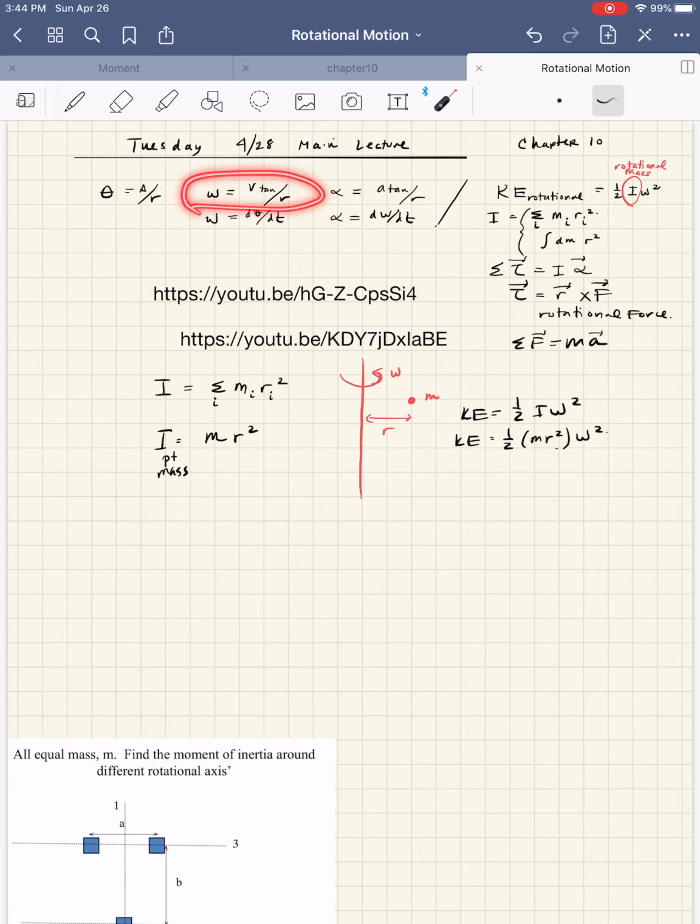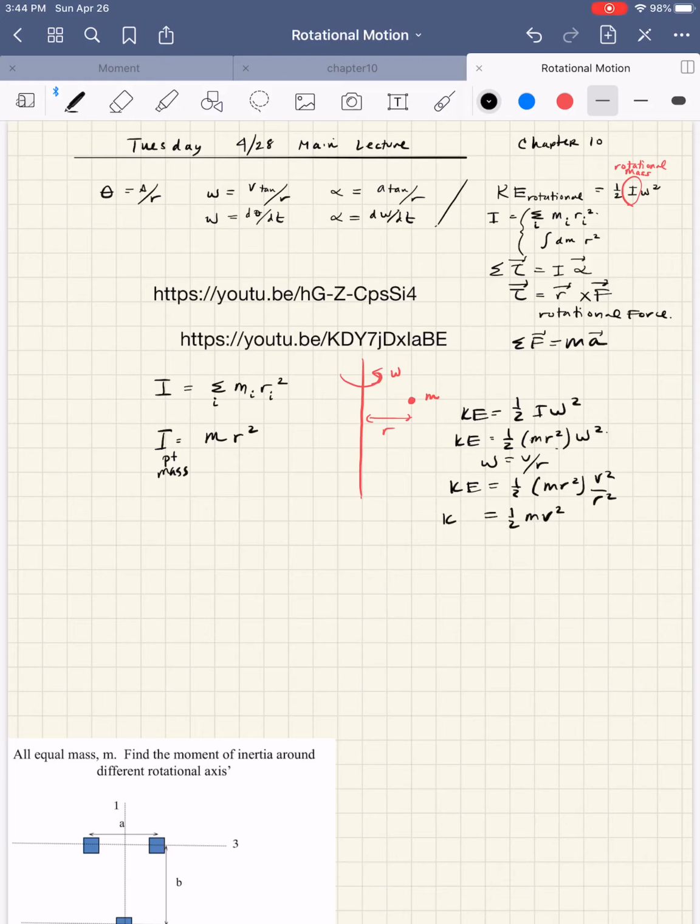If I use omega is v over r, then rotational kinetic energy is 1/2 mr squared times v squared over r squared, or 1/2 mv squared, which is just the kinetic energy of a single point particle.